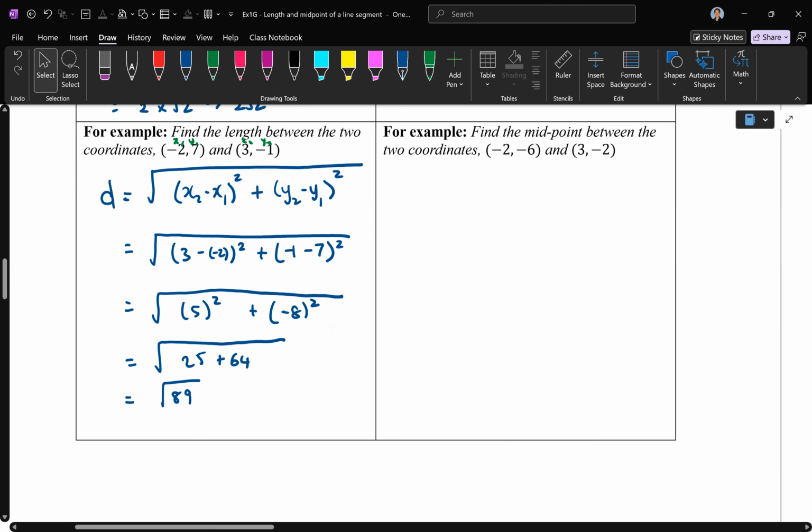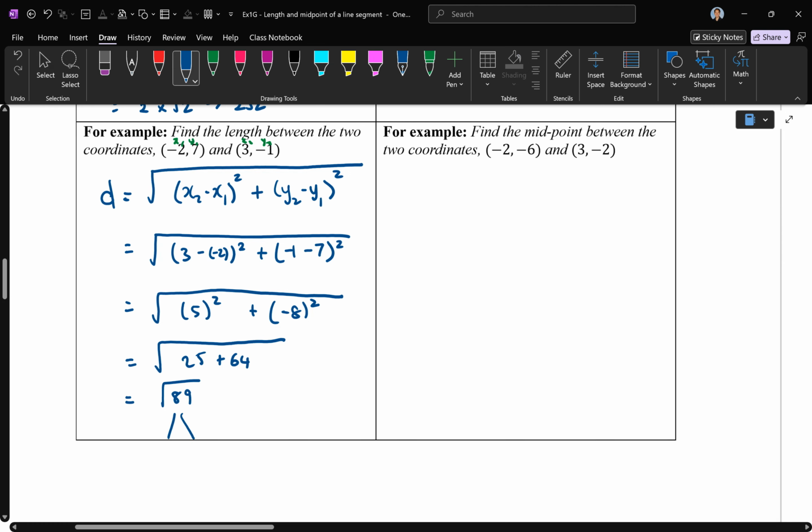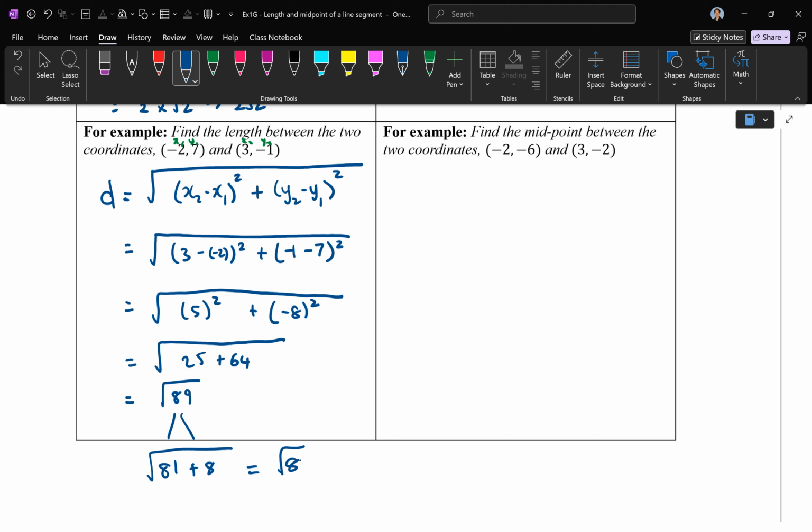Can we simplify 89? Can anyone think of two factors? Oh, that's true. But we need it to be times only. But good idea though. So yes, you can do 81 plus 8. The problem is there's not a rule that says you can do that, unfortunately. When we get to surds, I'll explain why you can't do that.